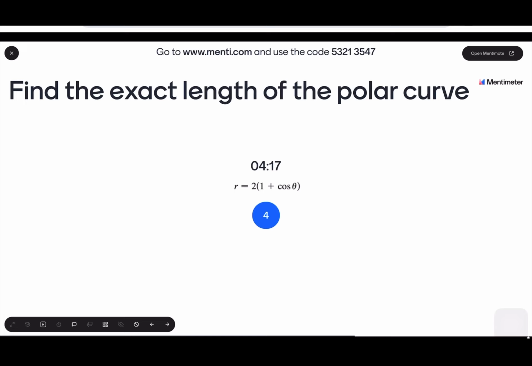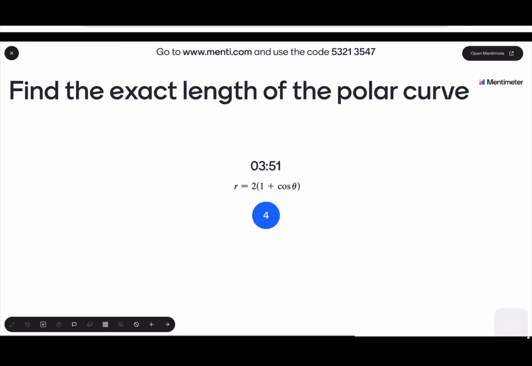We need to find the integration. Integrate. Theta is from 0 to 2 pi.